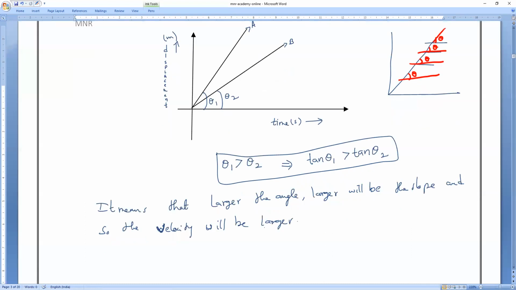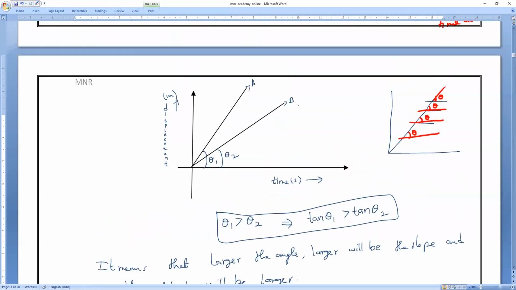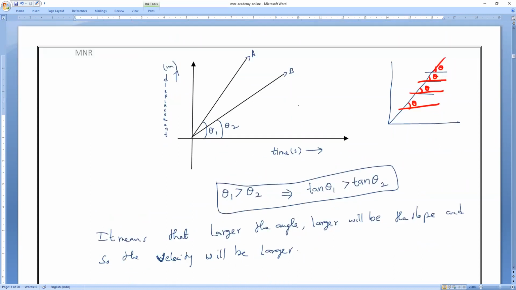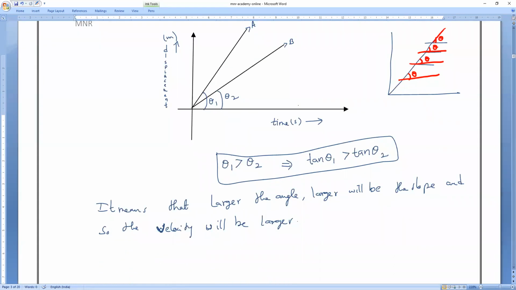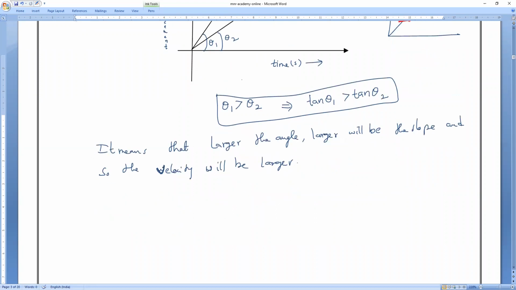Clear? Sanjay, Lingesh, Sanjay not responding means no use. Sanjay, I'm saying. Mr. Darshan, understand now? Alfin. Now, can you tell me who is having larger velocity, body A or body B? Body A. Because theta 1 is body A and theta 2 is body B. So who is having greater velocity?